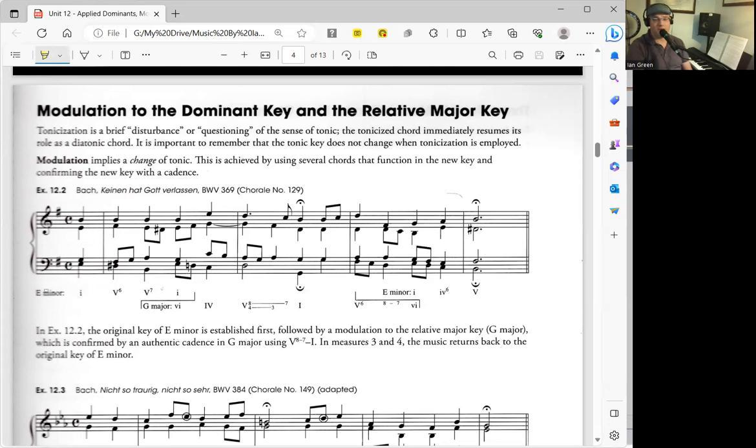Now in this particular example, in the key of E minor, the one chord is E minor. But in the key of G major, of which this musical sentence moves towards, the chord E minor is also the 6th chord in the key of G major. So we can actually think of this chord, the E minor chord, as actually having two functions.